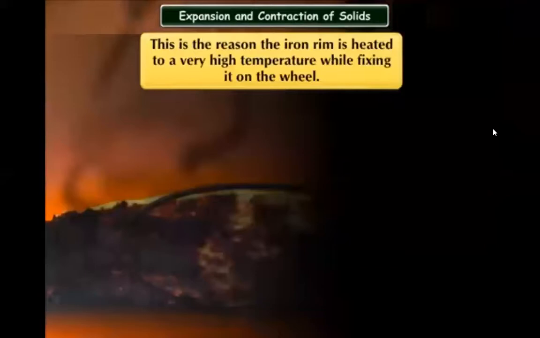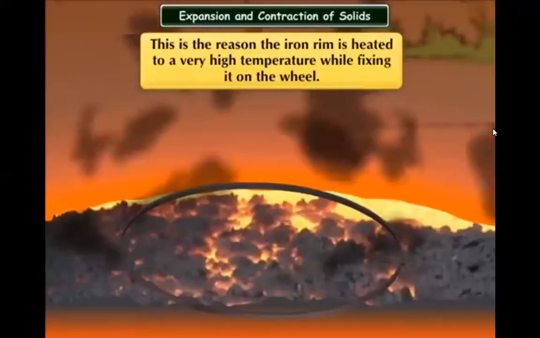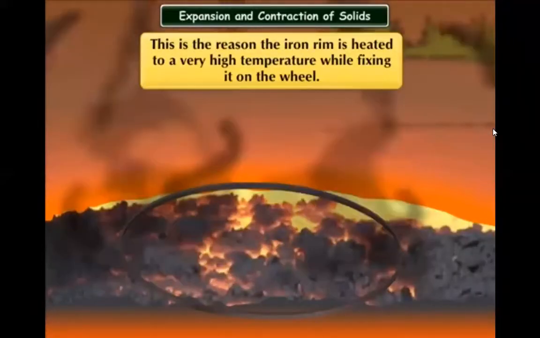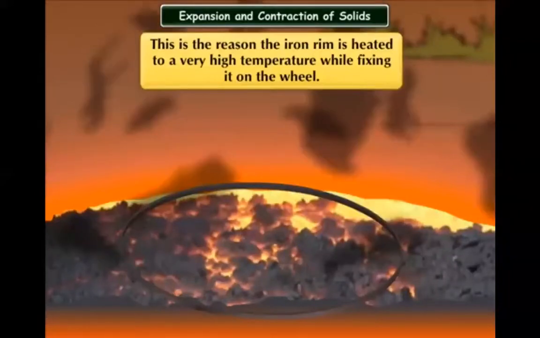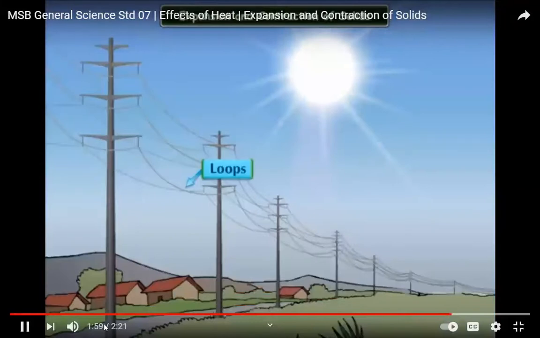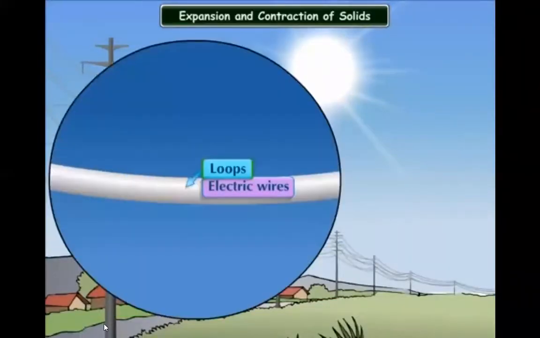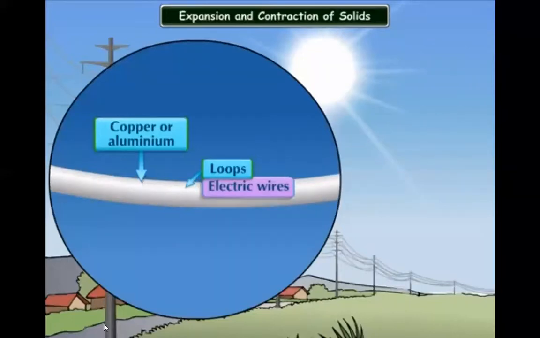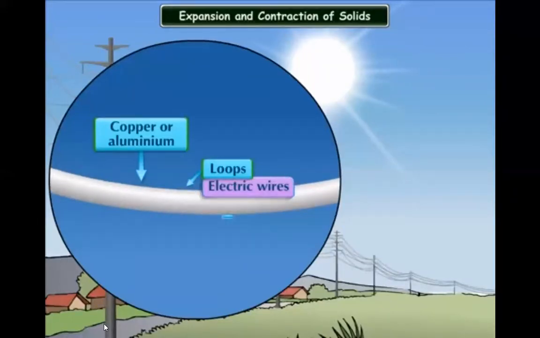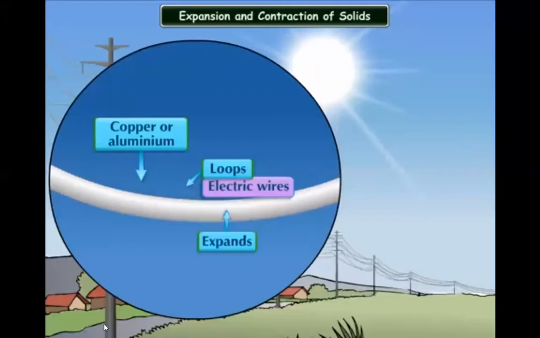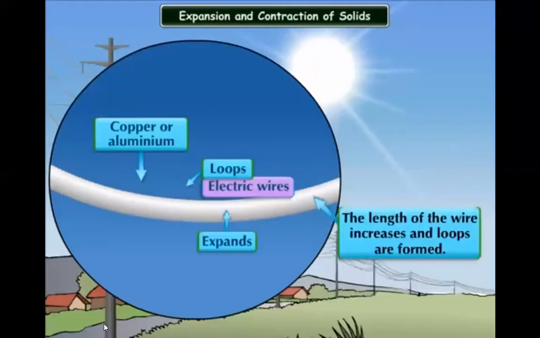That is why the iron rim is heated to a very high temperature while fixing it onto the wheel. During summer, loops are formed in electric wires. Do you know why? Electric wires are made up of copper or aluminium. During summer, because of extreme heat, this wire expands, and as a result, the length of the wire increases and loops are formed.